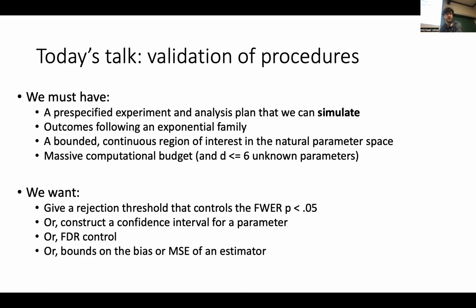What we're going to ask out of this is to aim for a rejection threshold, some procedure that controls the family-wise error rate. Oh, I guess this should say alpha less than 0.05, but you get the picture. I think you could use these tools for other things as well: confidence intervals, maybe FDR control, bounding the bias or MSE of an estimator with the same techniques.